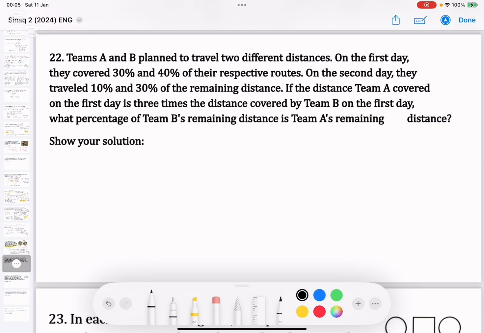Question number 22. Teams A and B plan to travel 2 different distances. So we have team A and team B. Let's say team A plans to travel x kilometers, while team B plans to travel y kilometers. On the first day, they covered 30 and 40% of their respective routes.